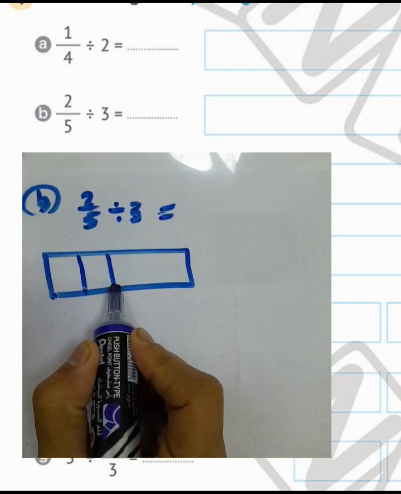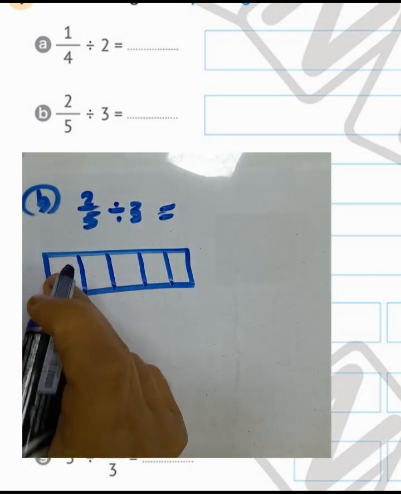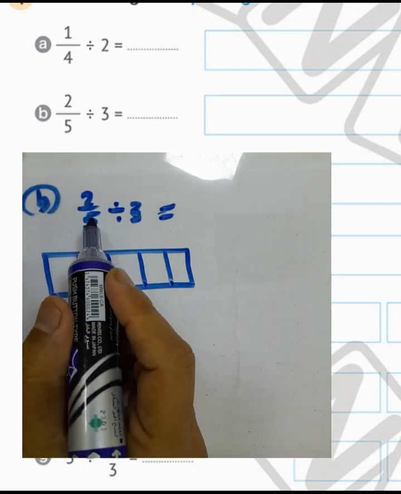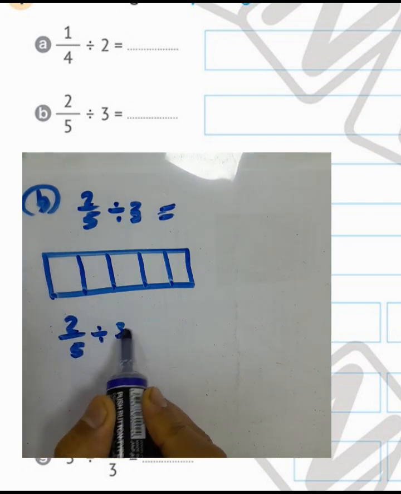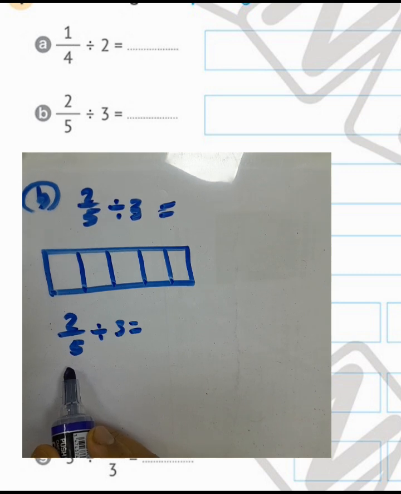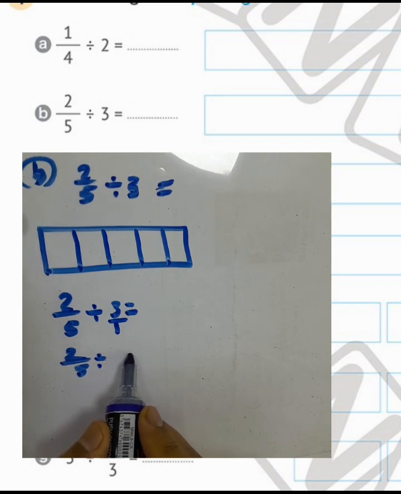1, 2, 3, 4, 5. We know 2/5 divided by 3. We can write the least common multiple between them. Write 2/5 divided by 3, and convert.